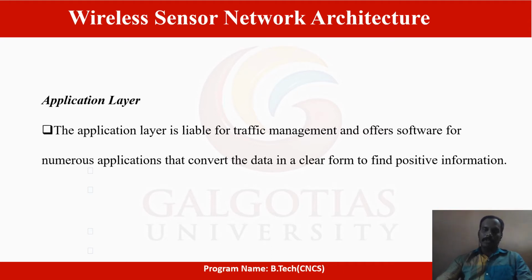It offers the software for numerous applications. It converts the data into a clear form to find useful information. In the application layer, the sensor networks are arranged for a number of applications in different fields such as agriculture, military, environmental and medical.